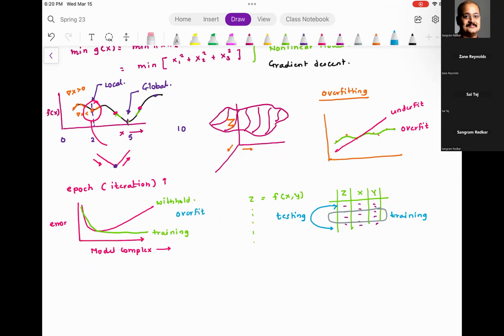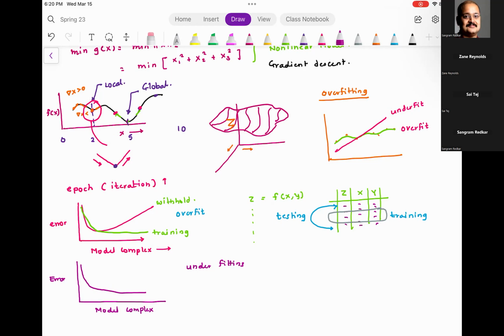On the other hand, for the underfitting, you have this model complexity and this error. And if I were to do underfitting, so this will go like this.